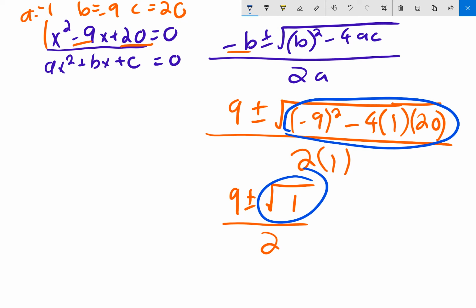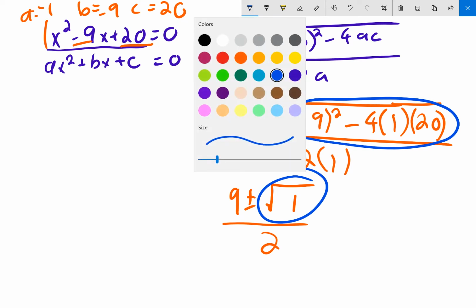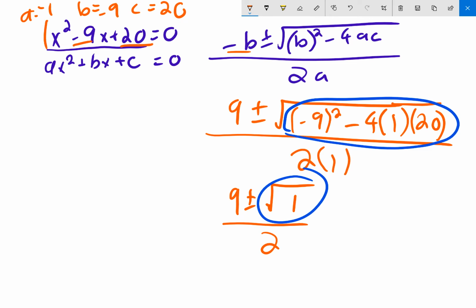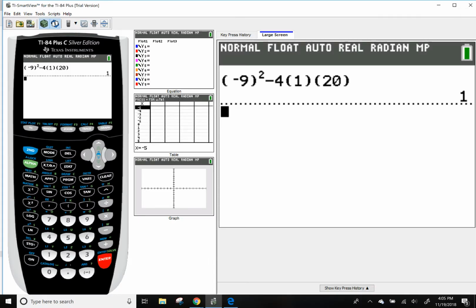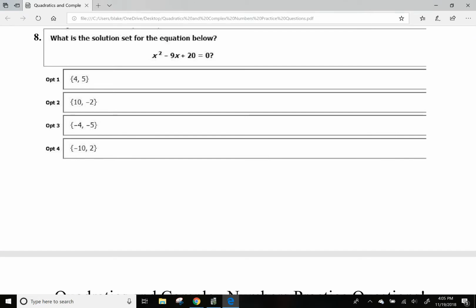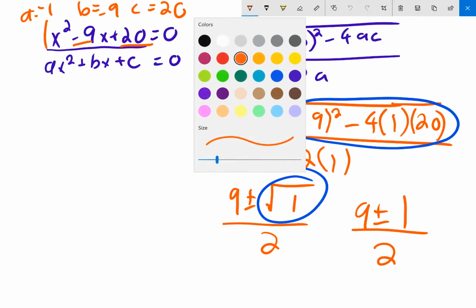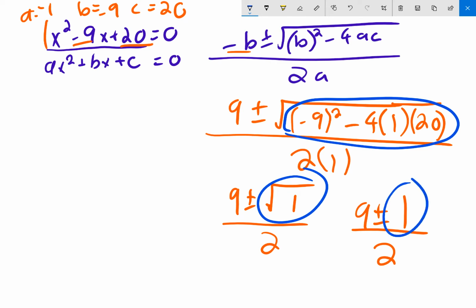The square root of 1 is just 1. So this next step is now just 9 plus minus 1 over 2, because the square root of 1 is 1. If you don't believe me, type it in the calculator. The square root of 1 is 1. So that's why I changed the square root of 1 to 1, as you can see there.